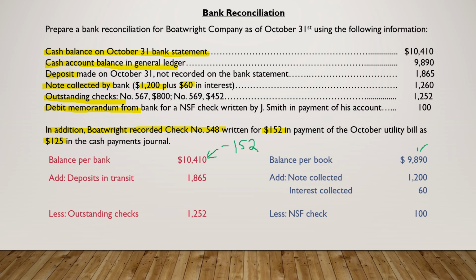But the general ledger only records $125. So we need to subtract an additional $27 from the book side. Sum up each of these columns, and we have an adjusted balance per bank of $11,023 and an adjusted balance per books of the same amount.